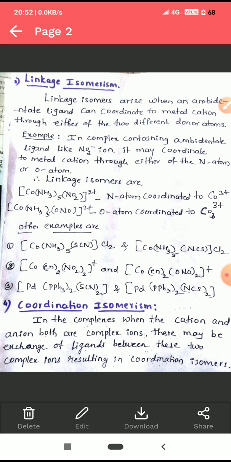Okay, coordination compounds may also have both ions as complex ions. It means the cation is a complex ion and the anion is also a complex ion. When these types of ions are present in a compound, there is an exchange of ligands between the two complex ions. Ligands are exchanged between the two complex ions, resulting in the formation of coordination isomers.